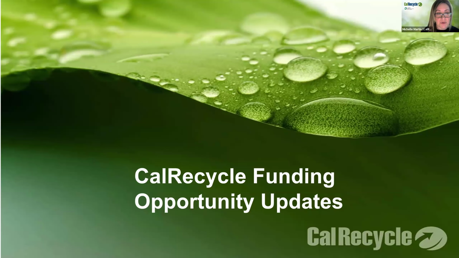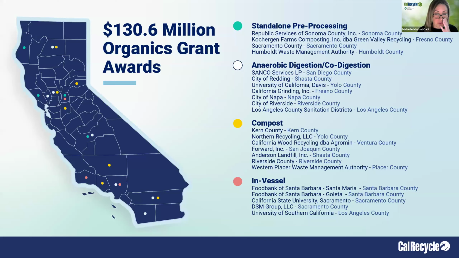And then the last program, next slide please, is the Organics Grant Program. We recently announced the approval of 23 grant awards, of which 9 were local jurisdictions. Over $130 million was awarded for new or expanded organics infrastructure that includes composting and digestion facilities. And here's a map that represents where those projects are located in California.